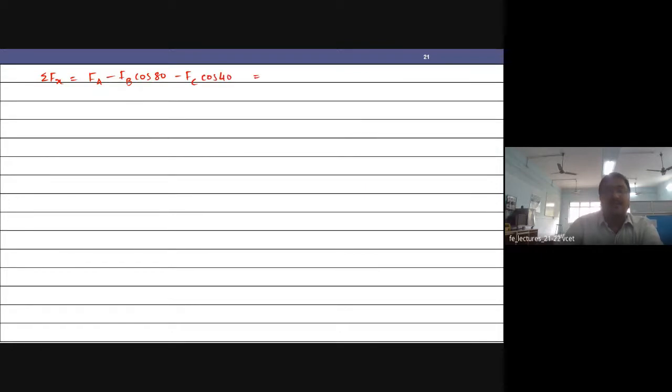And this value is equal to R into cos 60, right?